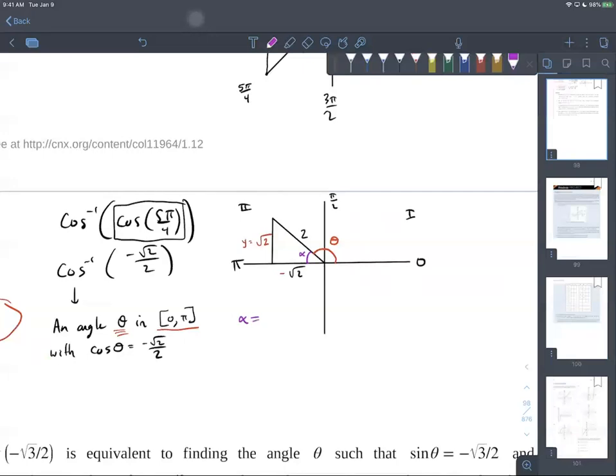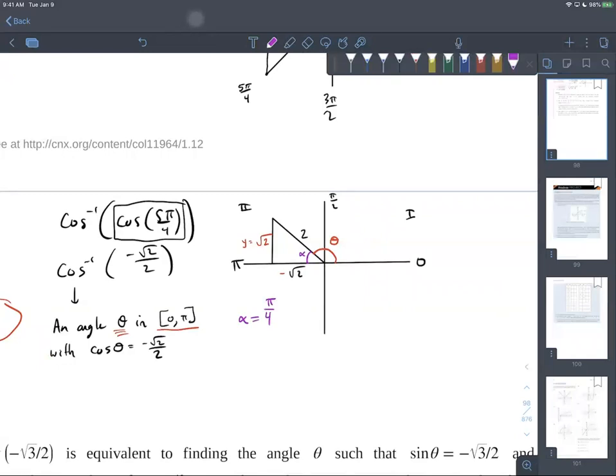That's just by looking at the triangle. This is a special right triangle, and when we're looking at special right triangles, there are only a couple of answers: 30 degrees, 45 degrees, or 60 degrees. In this case, it's the 45, 45, 90 triangle. So the reference angle is 45 degrees. Let's do it in radians here: pi over 4 radians.